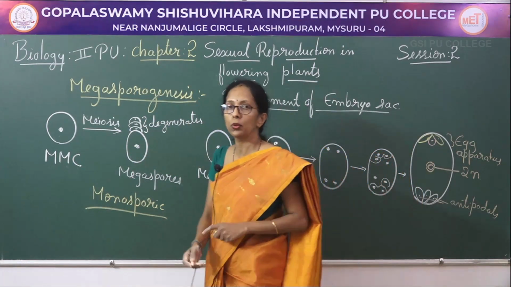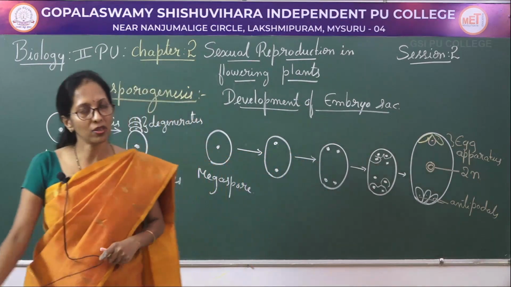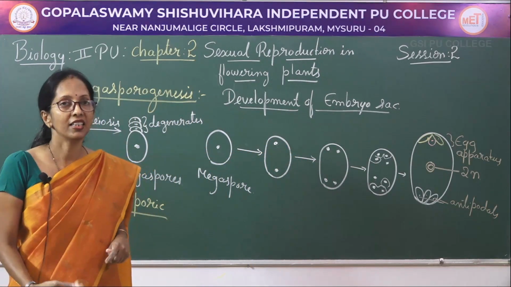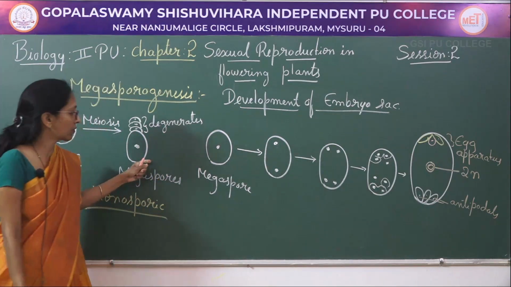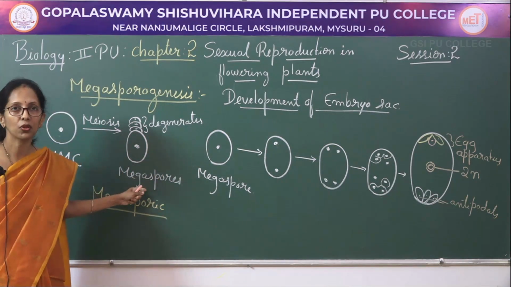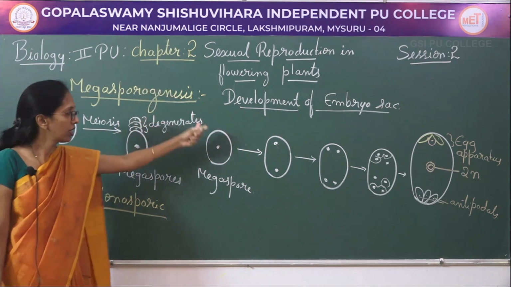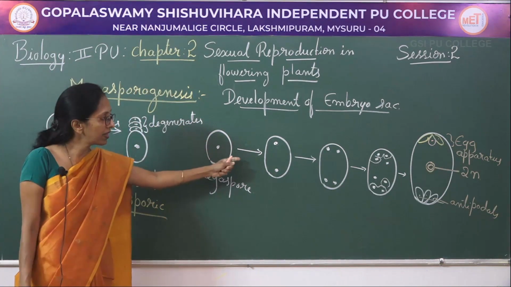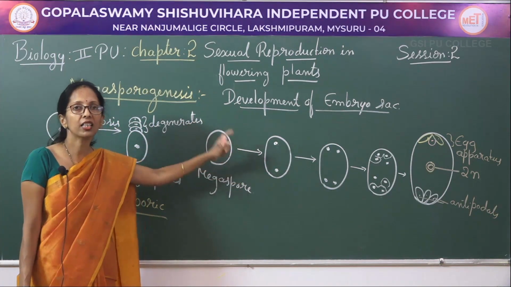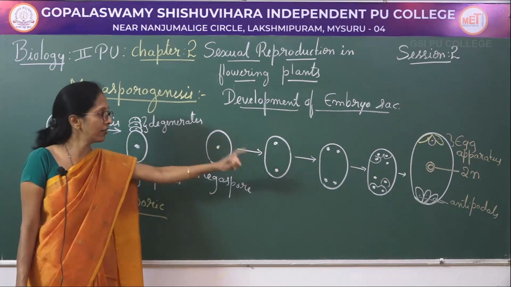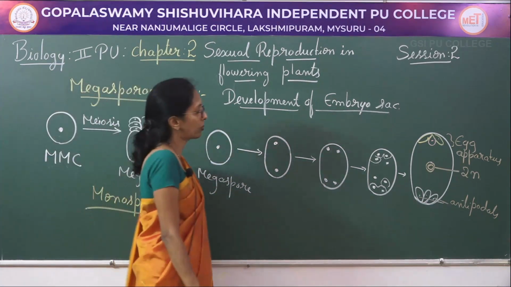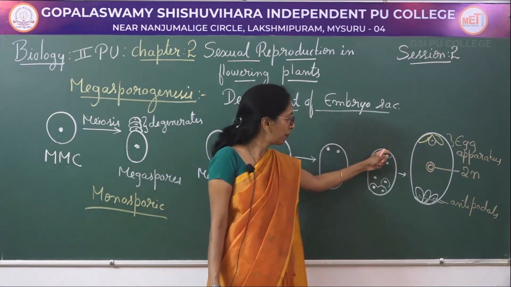Out of these 4, the upper 3 are smaller cells, and these cells degenerate, and the larger one is said to be the megaspore.